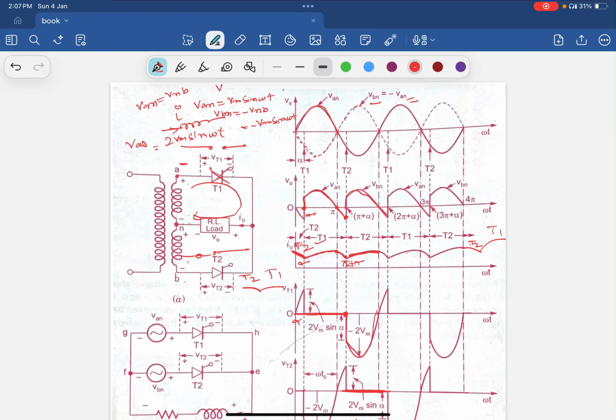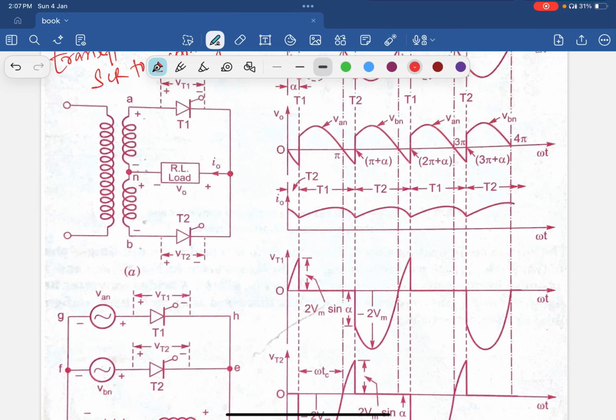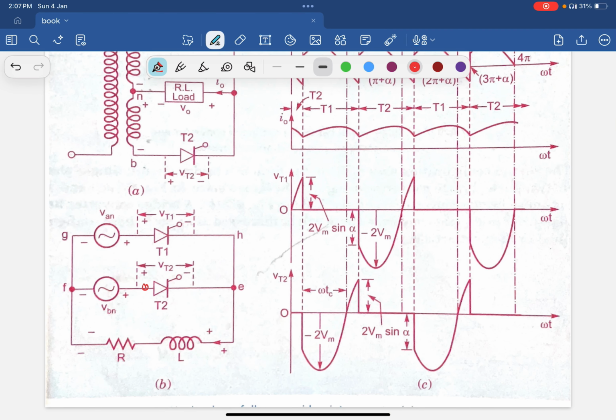The magnitude of reverse voltage across T2 is obtained by applying KVL. So if we apply KVL, it is Vt2 minus Vbn plus Van minus Vt1 equal to 0. So we get Vt2 equal to Vbn minus Van plus Vt1.